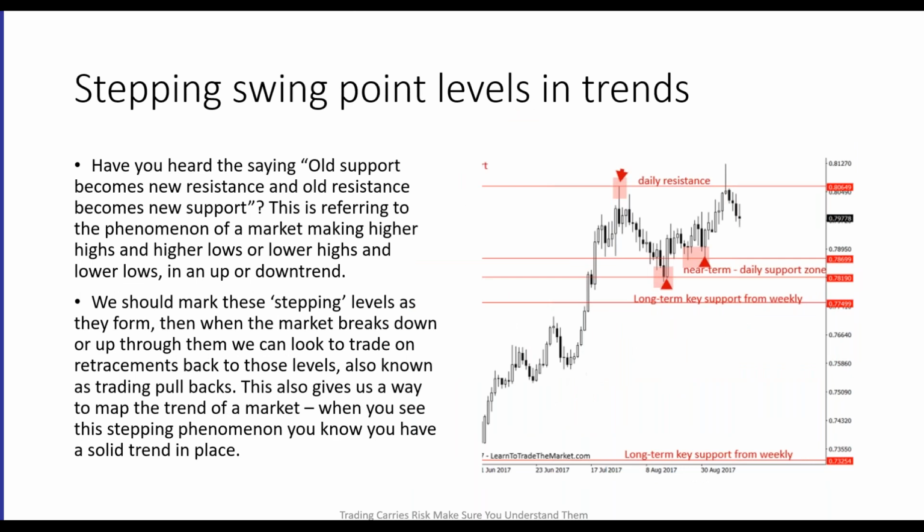Now, have you ever heard the old saying, old support becomes new resistance? This is referring to the phenomena of the market making higher highs and higher lows, or lower lows and lower highs. Because price moves in an uptrend, it pushes and eases, pushes and eases.